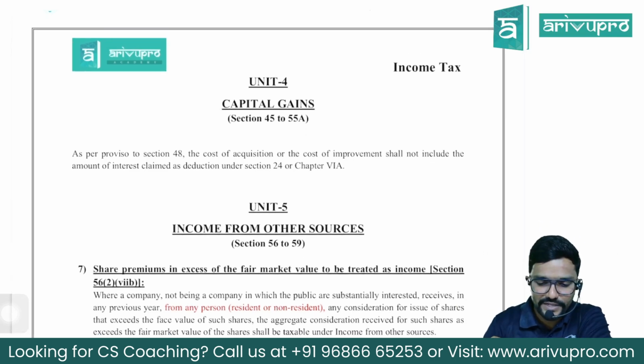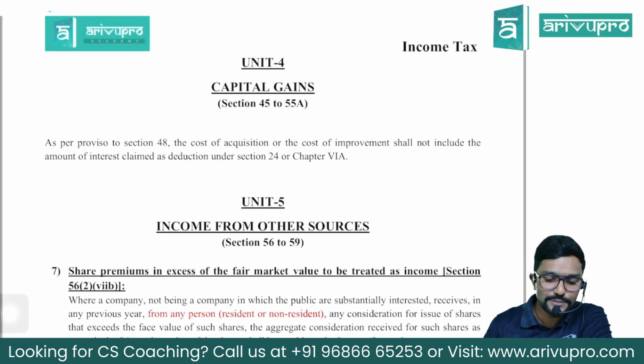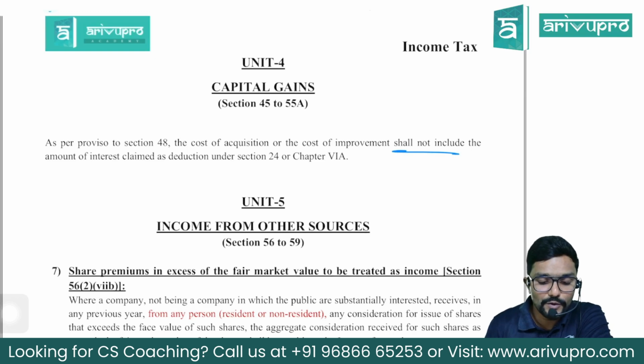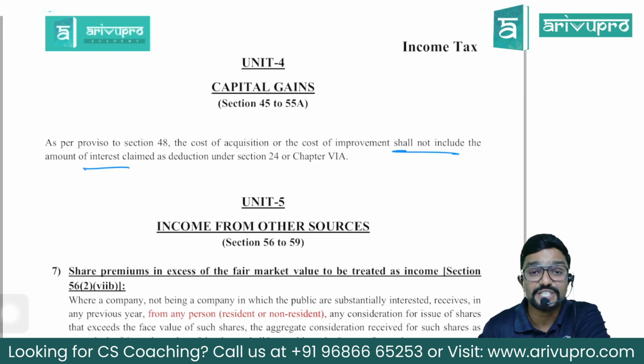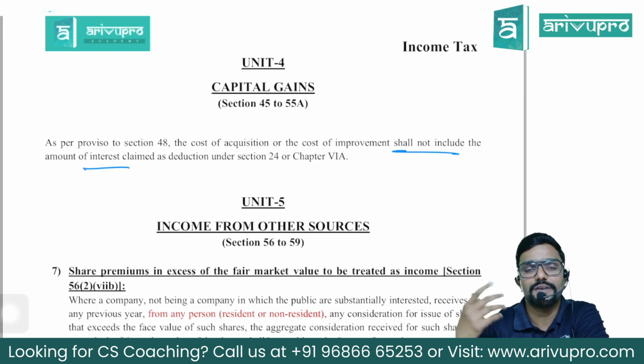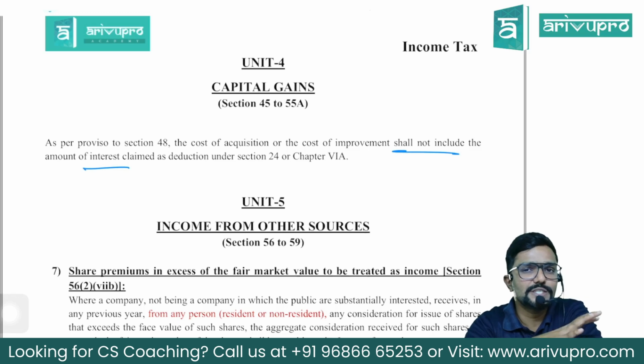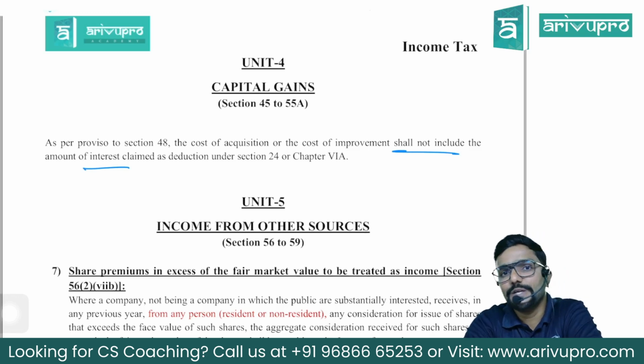Okay, guys. Quickly. Next, fourth head of income. As per the proviso to section 48, the cost of acquisition or cost of improvement shall not include the amount of interest claimed as deduction under section 24 or Chapter VI-A. Guys, under section 24, interest on housing loan is allowed.